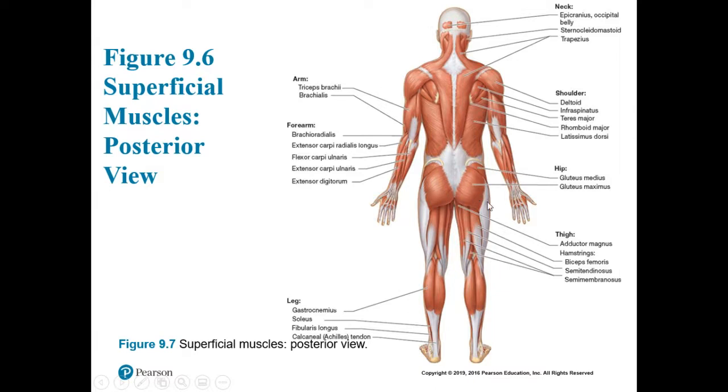So their contraction goes ahead and pulls in that direction, right, towards the midline. And then look at this, their insertion. They insert onto the lateral end of the tibia here, right, to again allow you to bring your leg back to anatomical position from a few different movements.